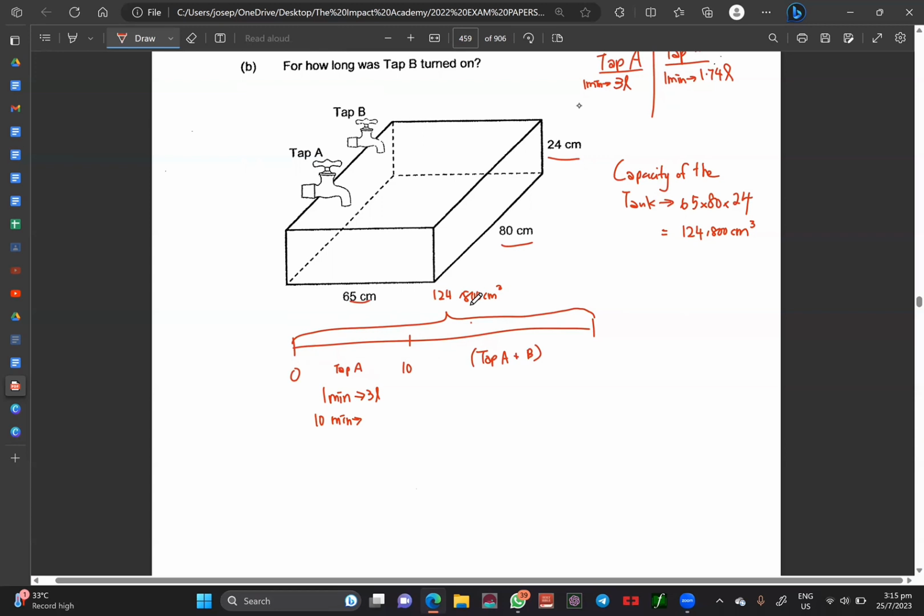So we simply just do 3 times 10 and that gives me 30 liters. So 30 liters is also equal to 30 times 1000. That gives me 30,000 centimeter cube.